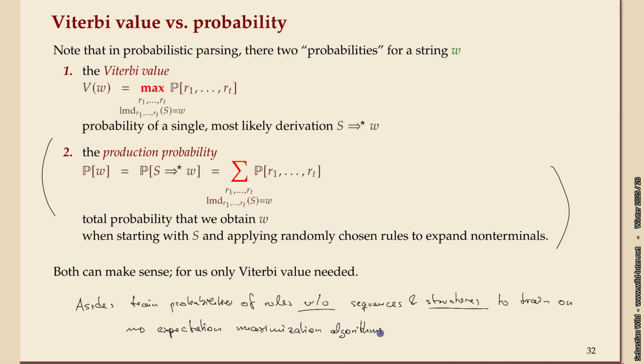And it turns out if you do that, it's much more robust not to say I'm going to predict a single most likely derivation for my training data from this initially completely stupid grammar where it just picked random probabilities, but then pretend that this is the single and one and only prediction. It turns out it's more robust to use something based on these production probabilities where you average over all derivations. That's why this second one is sometimes used there.